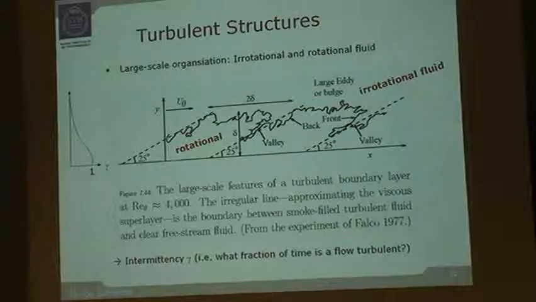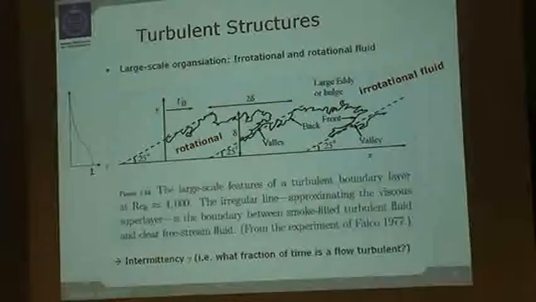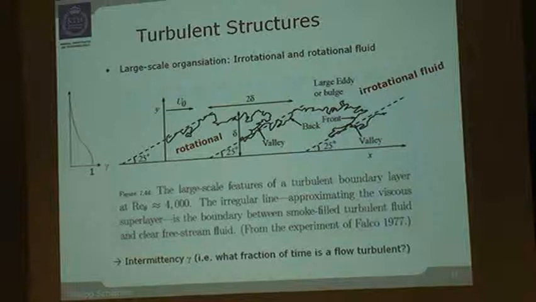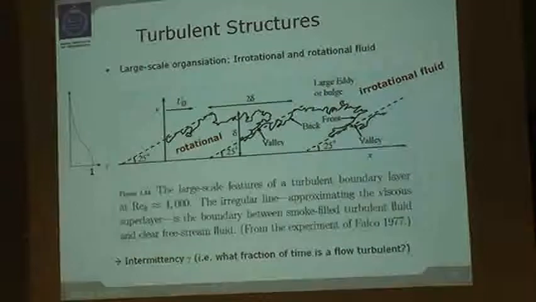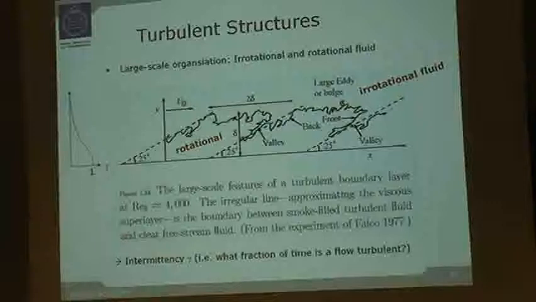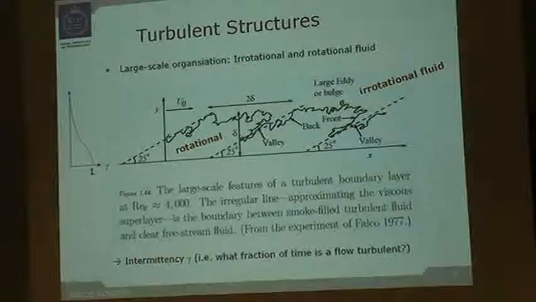But the important thing to realize here is that the boundary layer edge, the separation between the irrotational fluid flowing away from the wall and the fluid close to the wall, which is rotational, has vorticity, is not at all smooth, but really very, very rough.